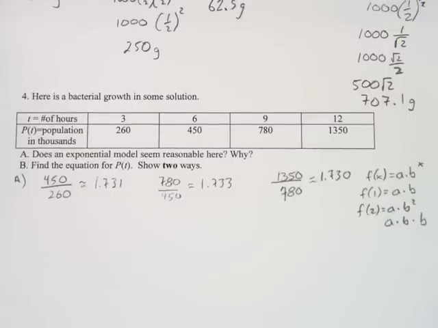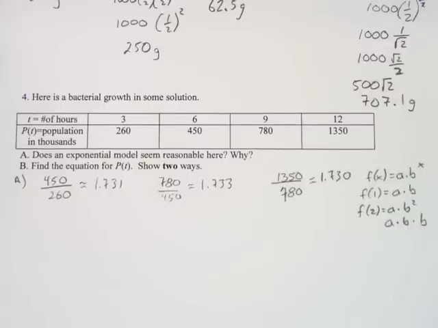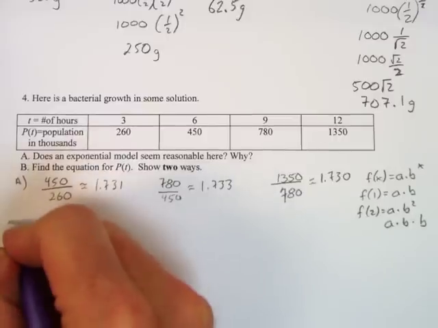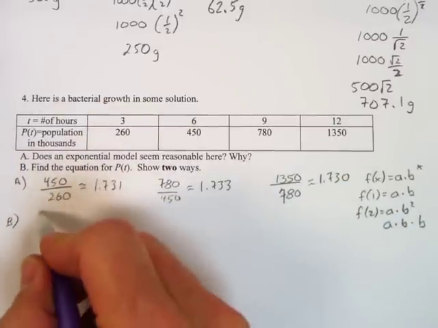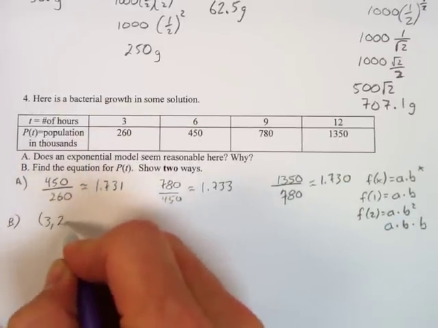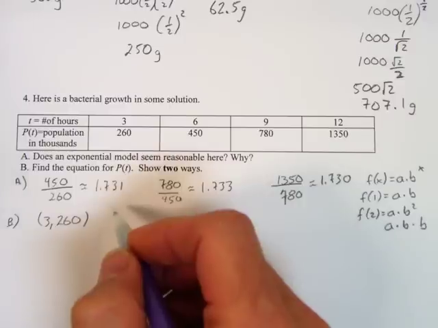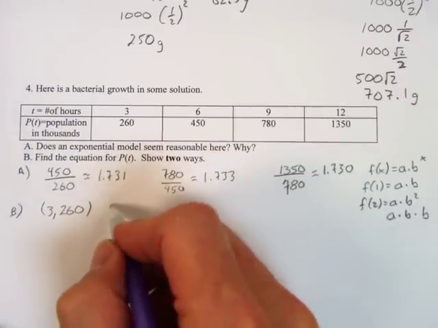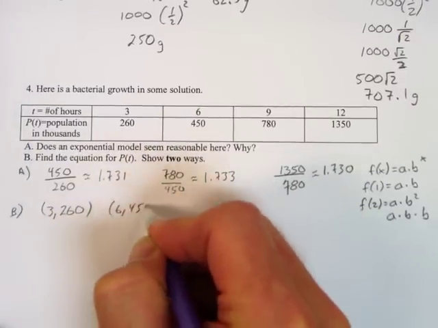So now, in terms of finding the equation for P of t, there's a couple ways to go about it. You wouldn't really know exactly which points to use unless you were told, so I'm going to tell us to use the points 3, 260 and 6, 450.